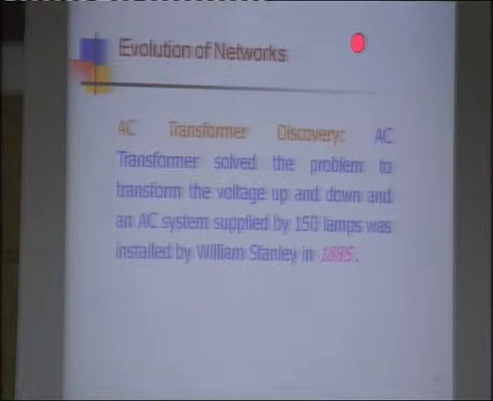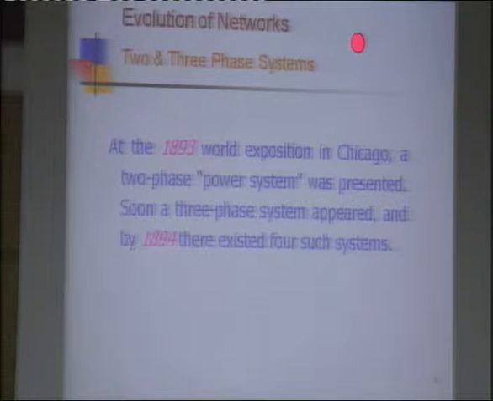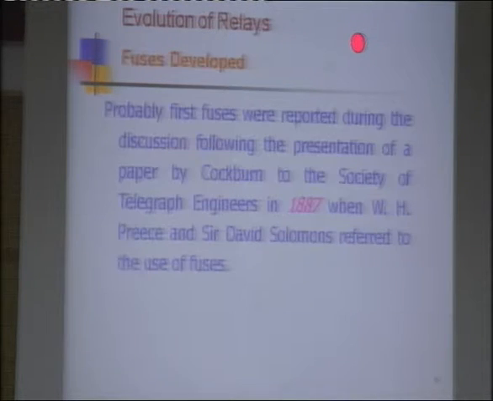So in the initial phase there was a DC line, and the problem was the loss in the line because of lengthening of supply lines. When we attempted to transfer the electricity from one place to another, the lines naturally were long. Lengthening of supply lines led to the problem.